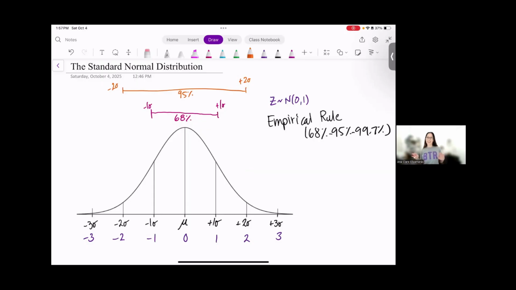Anything that's outside that typically is what we would consider statistically significant. And then what do you think the percentage is for 3 standard deviations? If you guessed 99.7, you would be right. So +3 standard deviations here, -3 standard deviations here is 99.7% of the data.